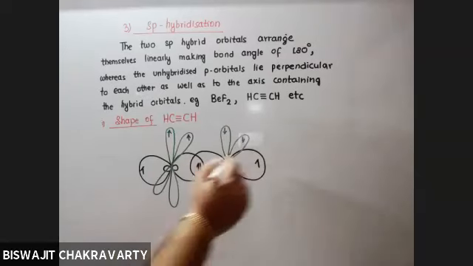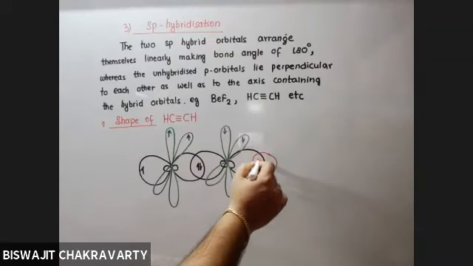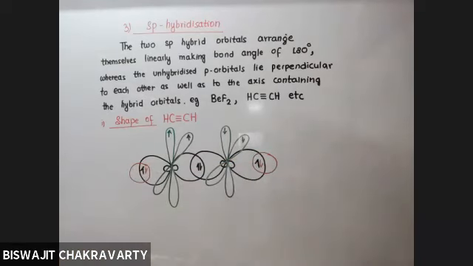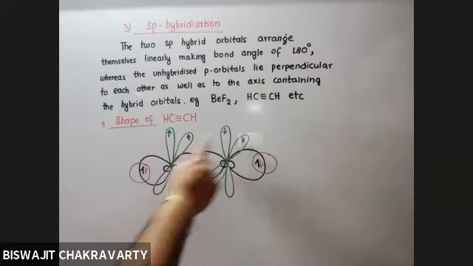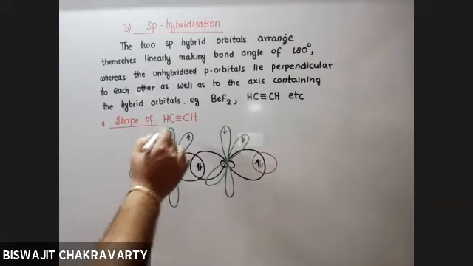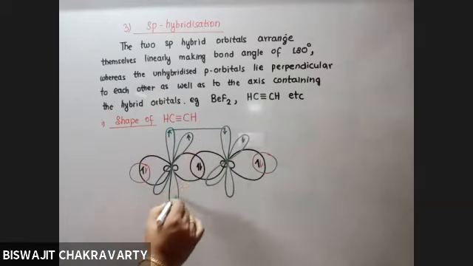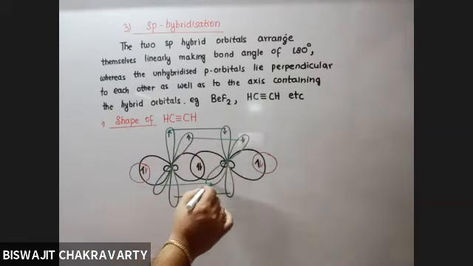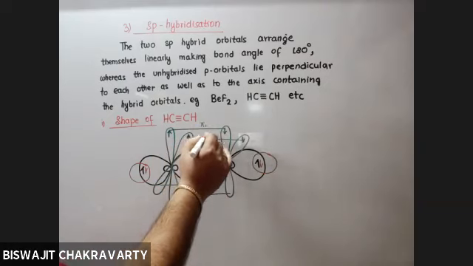So at the two corners, we are supposed to draw two spherical shapes. Now, what will these two p orbitals do, which are parallel to each other? Pi bond. How many pi bonds are possible? 2. Pi 1, pi 2.